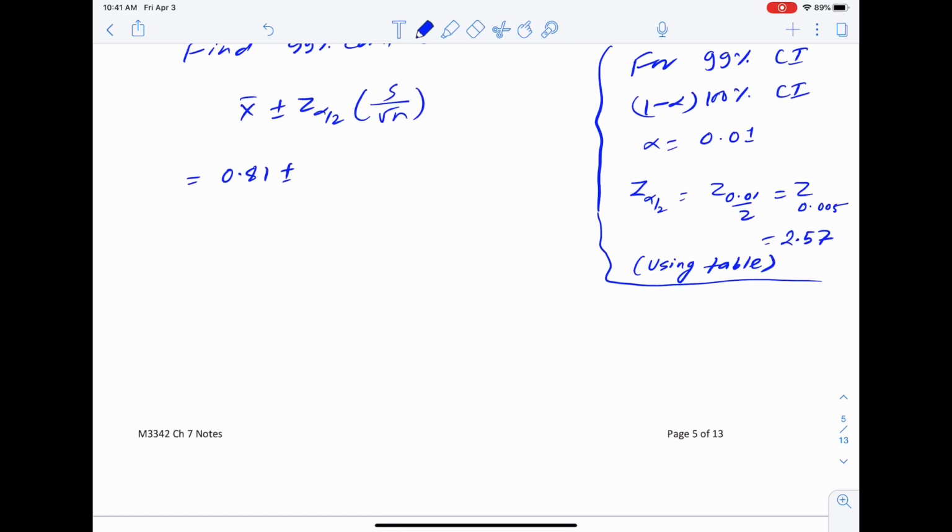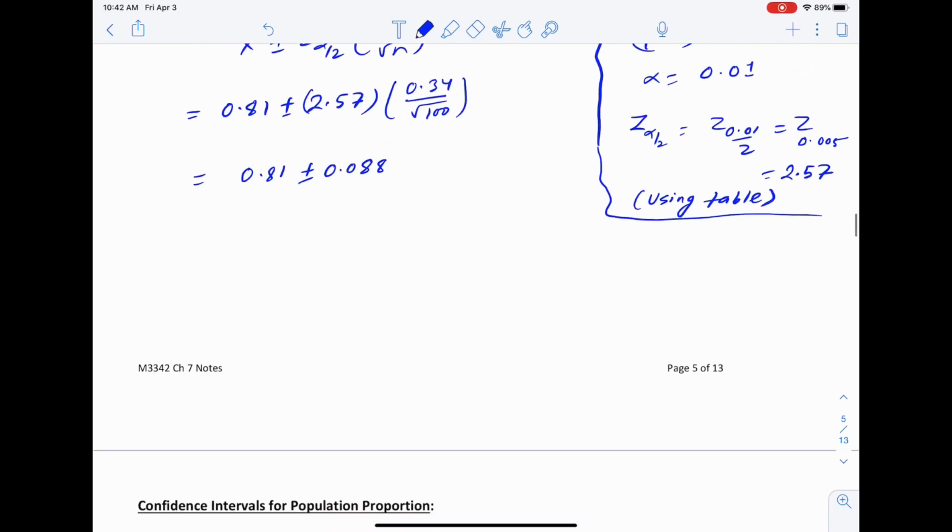So substitute that value and 0.34 divided by square root of 100. Solve this and you'll get 0.088. Therefore the 99% confidence interval: first subtract these two numbers, which gives 0.722, and then add, giving 0.898. Now the interpretation is very important.